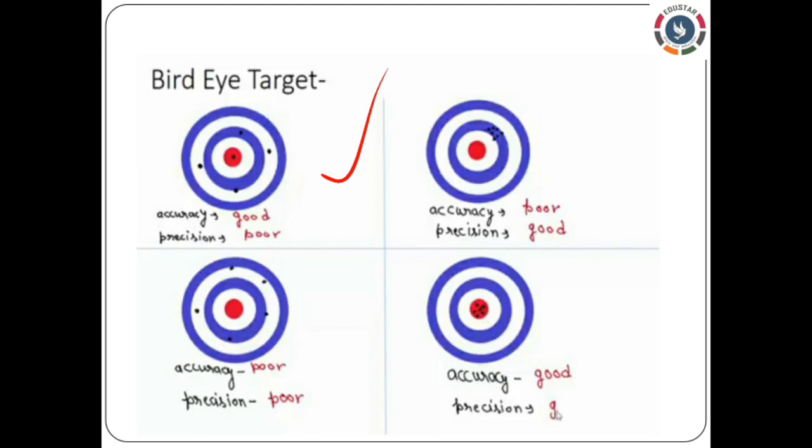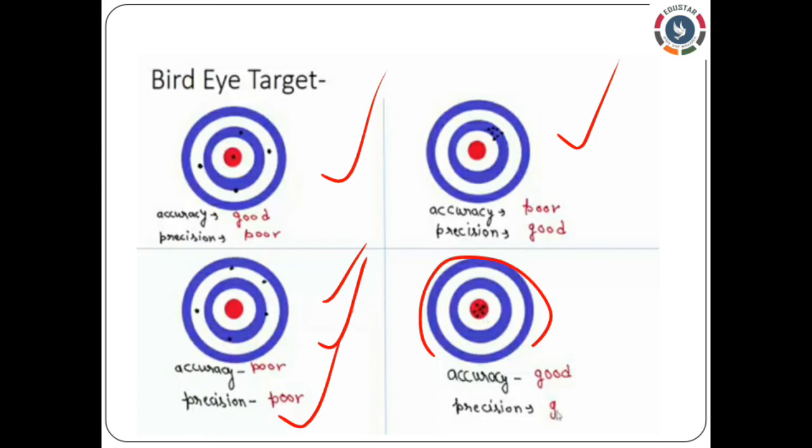In the second, all bullets are far away from the target center but very close to each other, so accuracy is poor and precision is good. In the third, all are in different places, very far from the center, so accuracy is poor and precision is also poor.